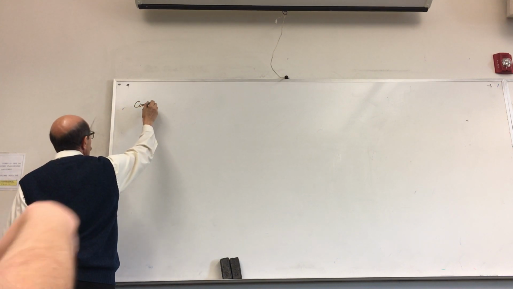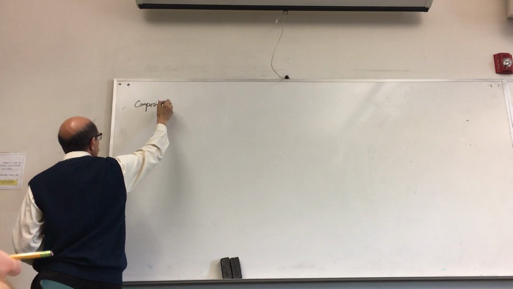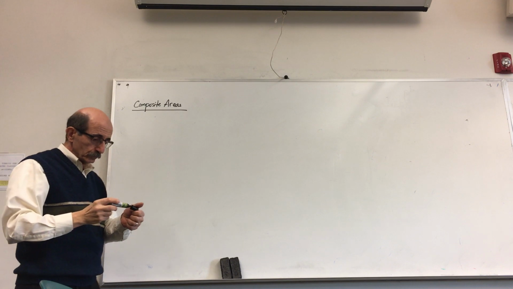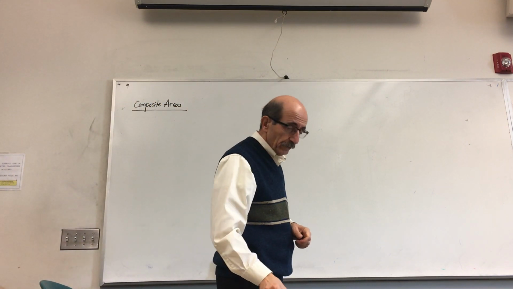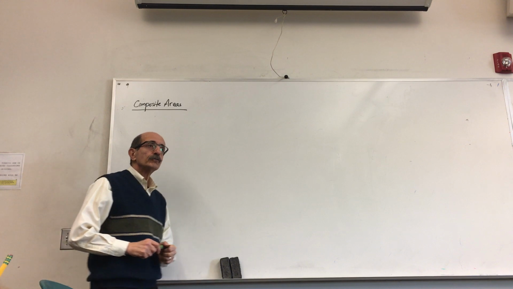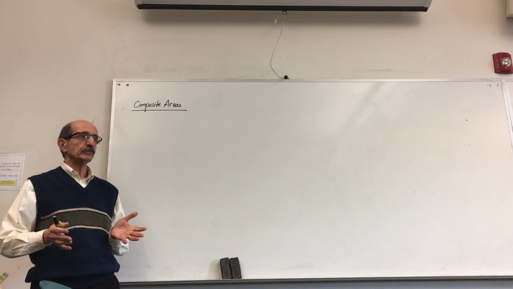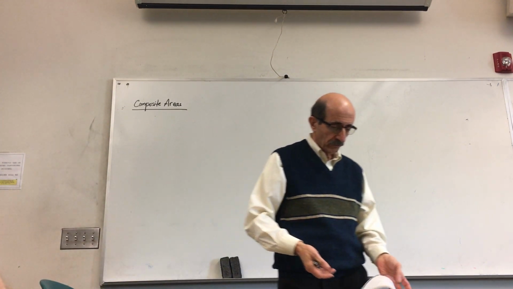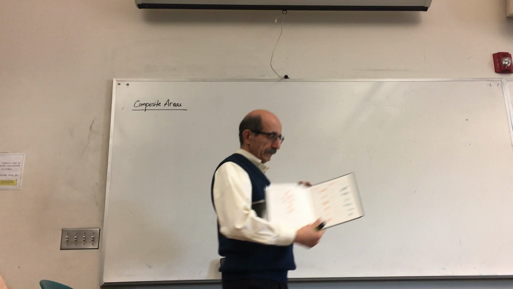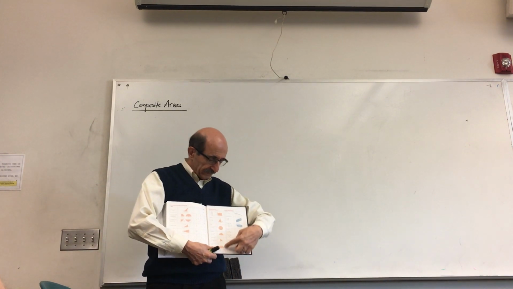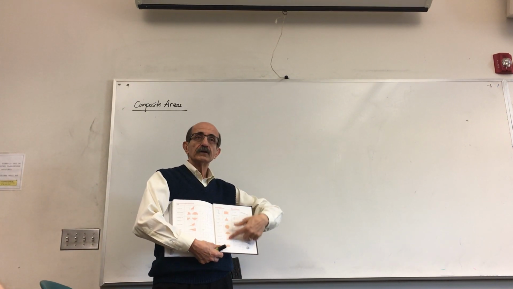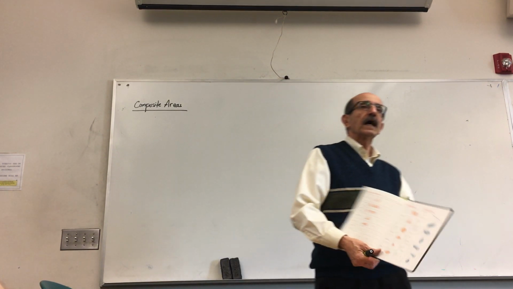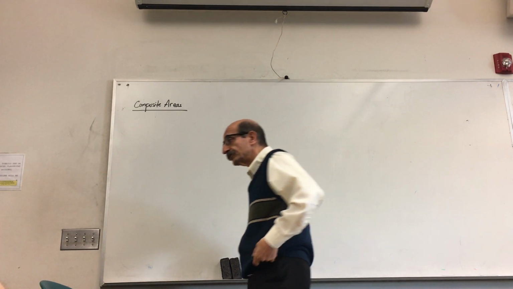Composite area, similar to what we discussed in centroid. For all simple geometric shapes, a rectangle, a triangle, a circle, half a circle, quarter circle, there is a table in the back of your book that tabulates the moment of inertia of these shapes about their own centroidal axes. You remember the centroidal axes?